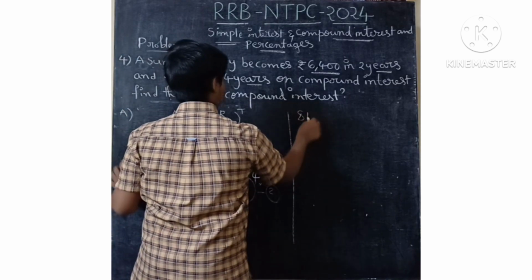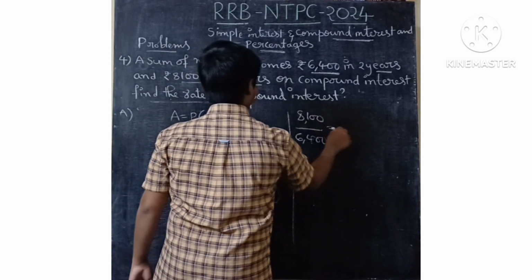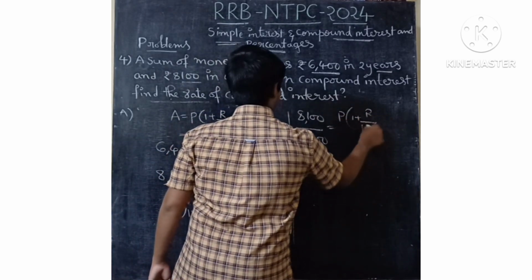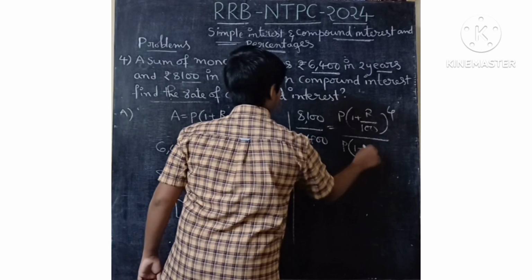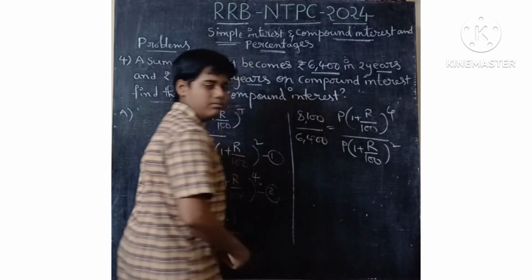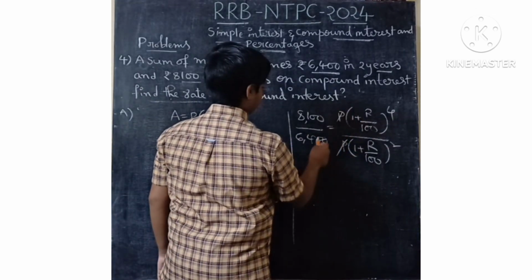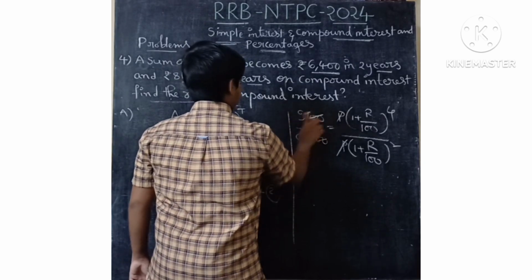So 8,100 by 6,400 is equal to P into (1 + R/100) whole power 4 by P into (1 + R/100) whole power 2. Okay, so here P gets cancelled, and two zeros get cancelled.